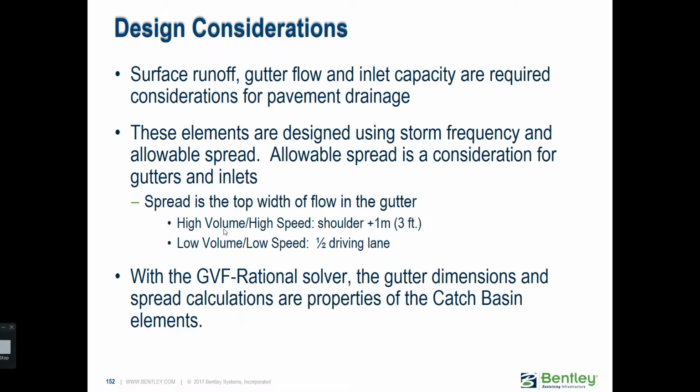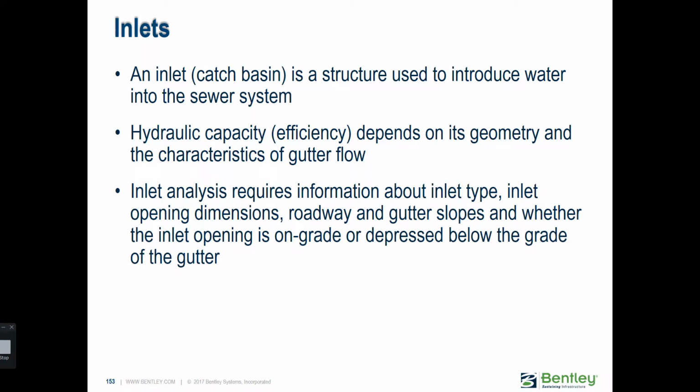And in the gutter, we're concerned with the spread on that road, remember? And when you're doing the automated design, for example, you can set maximum allowable spread. And you can input and see gutter results at the actual catch basin inlet. So we're going to take a look at that.